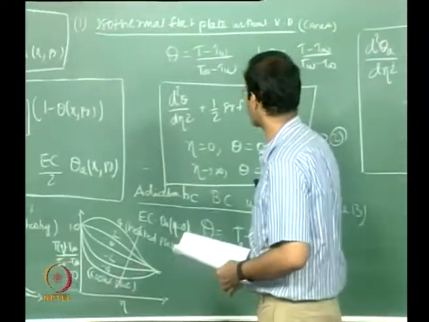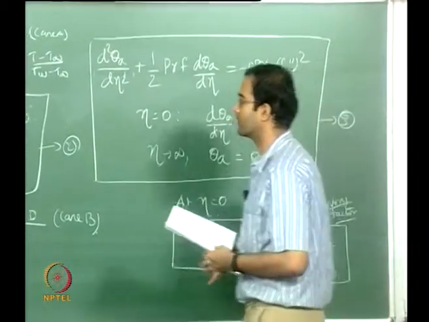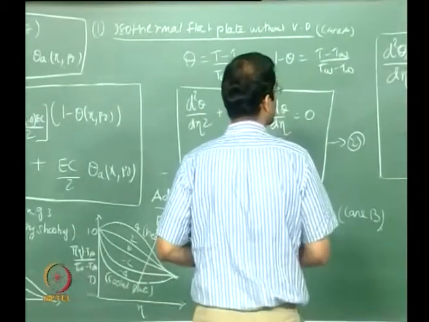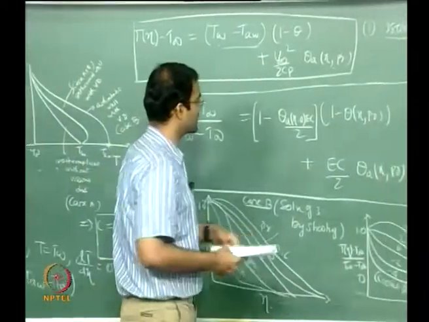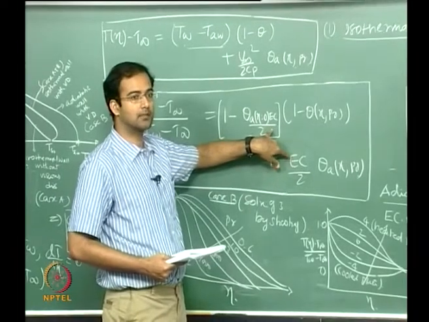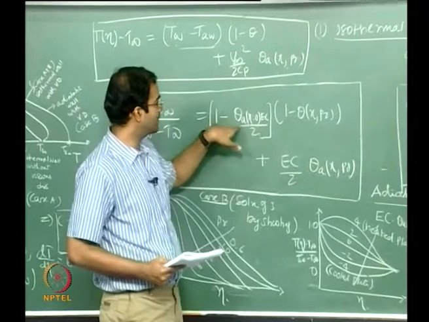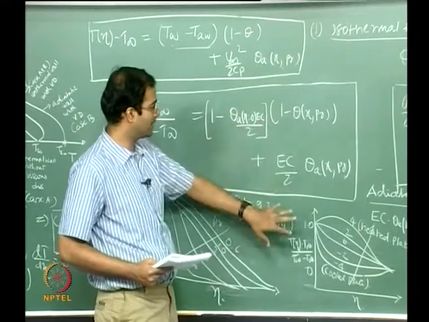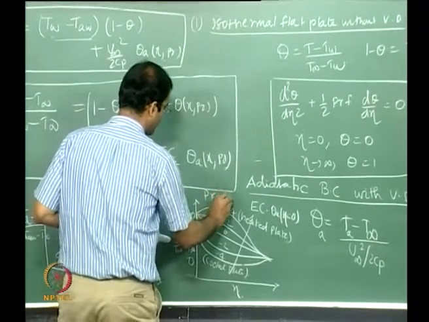So if you look at the solution for this problem 3, and if you look at the generic solution here, this depends on theta A and Eckert number. So you have to plot this for a particular value of Prandtl number, for a particular value of Eckert number into theta A at eta equal to 0. So this could be for say Prandtl number around 1.